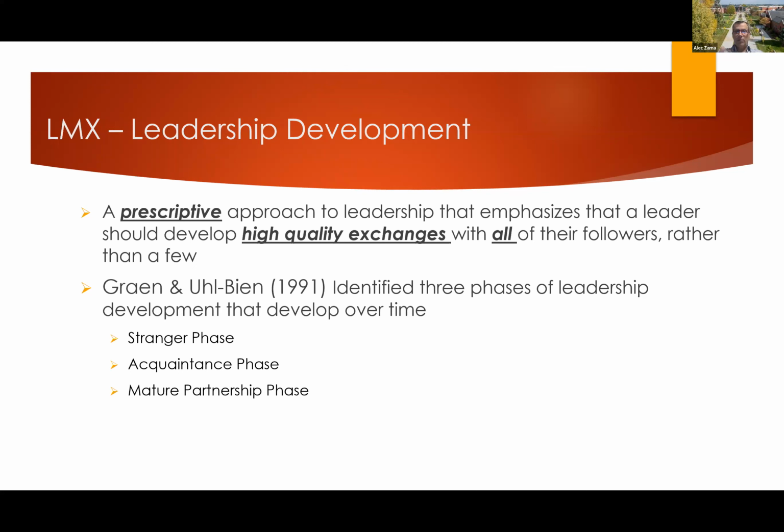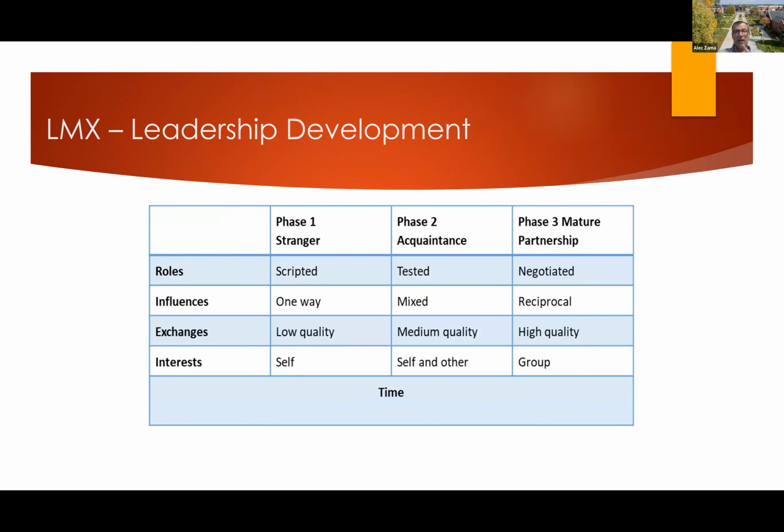And Graen and Uhl-Bien identified three phases of leadership development in order to develop high-quality relationships or exchanges. In this slide, I have the three phases of leadership development, where the high-quality exchanges progress through three stages.